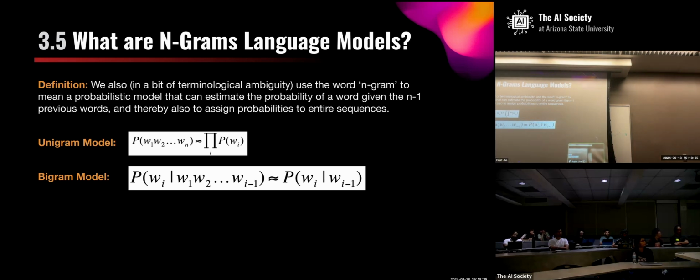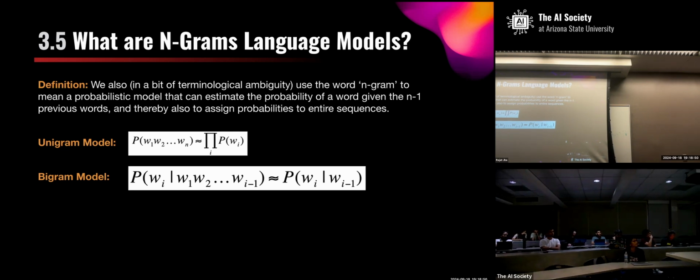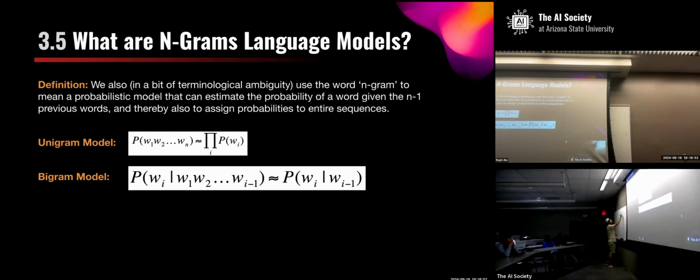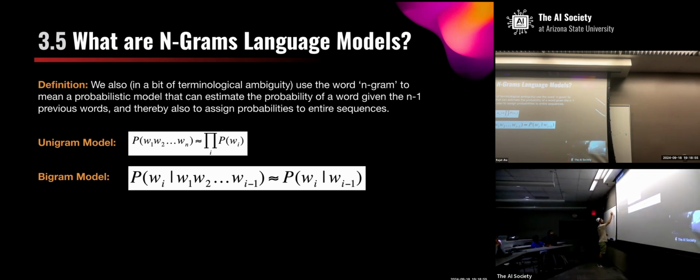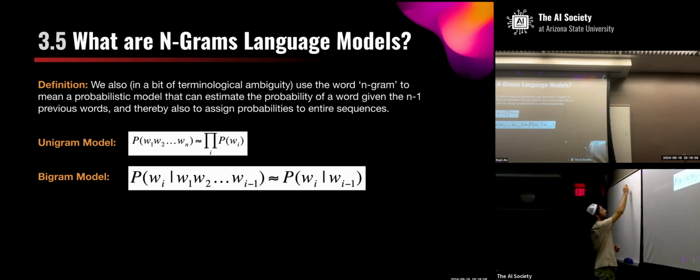So for example, let's say we have a sentence like "NLP is fun", or a longer sentence, something like "I am...", and so on. Now the probability of a word: we have an n-gram model where n equals, let's say, 3.